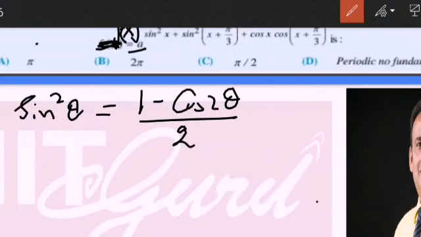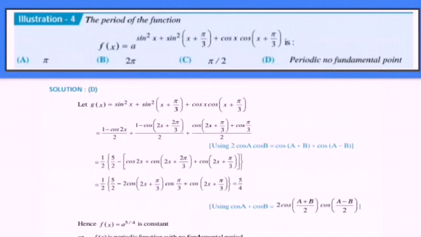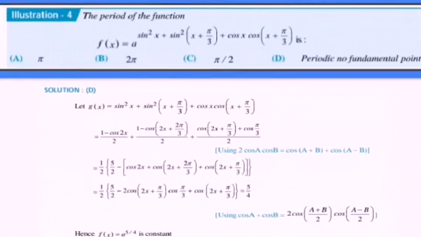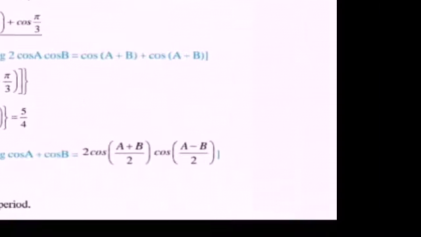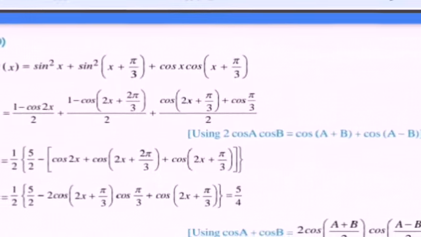So let's see. Here sin square x we can write as 1 minus cos 2x by 2, and for sin square (x plus pi by 3), 1 minus cos (2x plus 2 pi by 3) by 2.